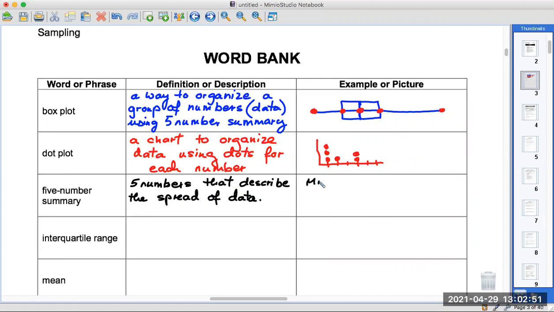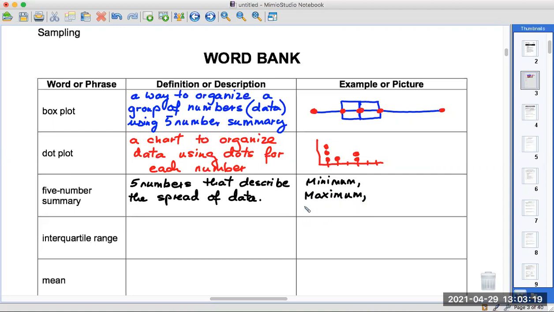They're called the minimum, which is the smallest number. The maximum, that's the biggest number in your data set. That would be your highest score you had on some test or assignment.